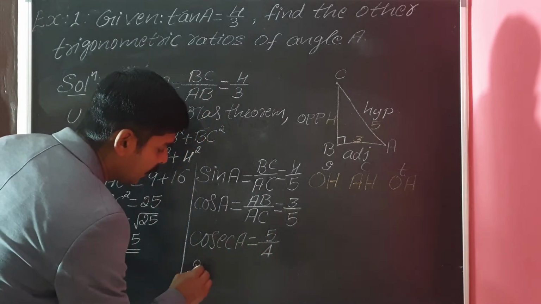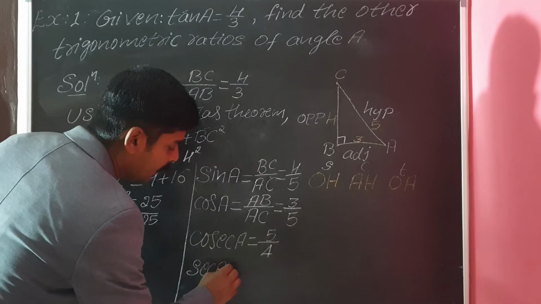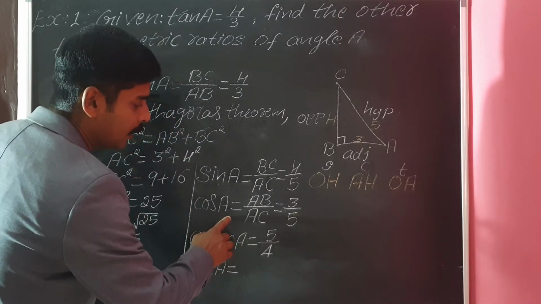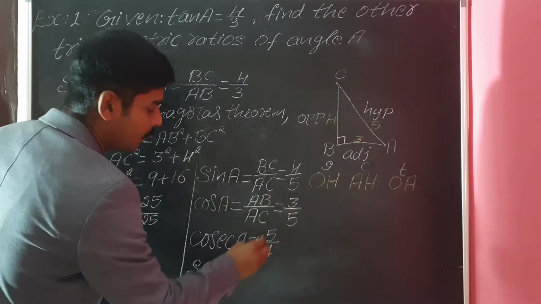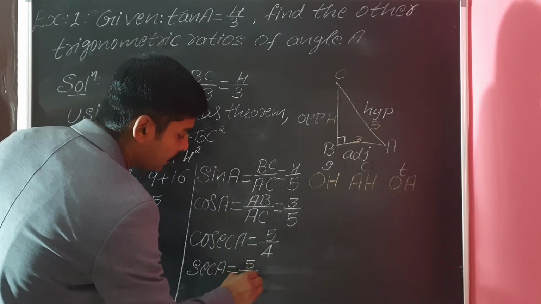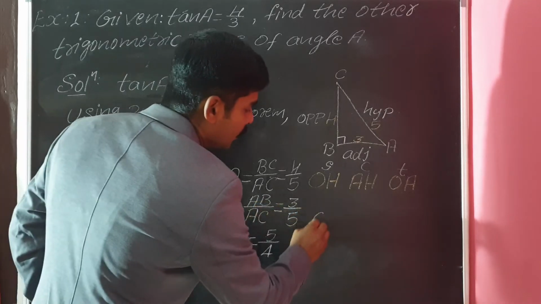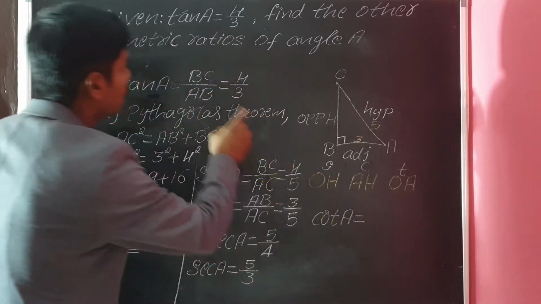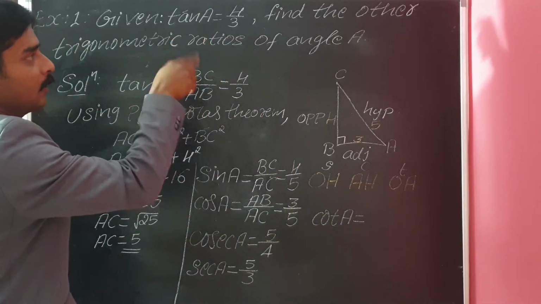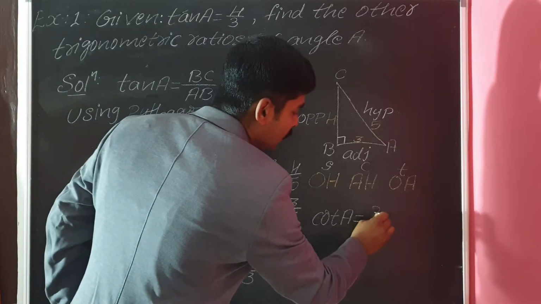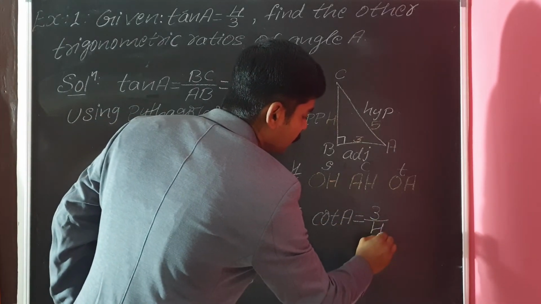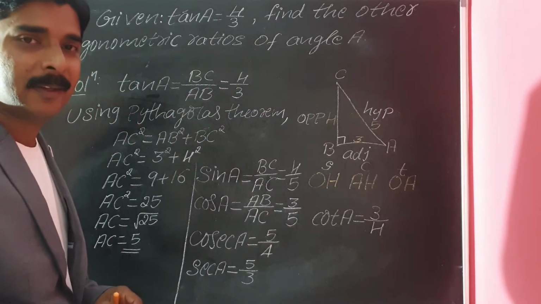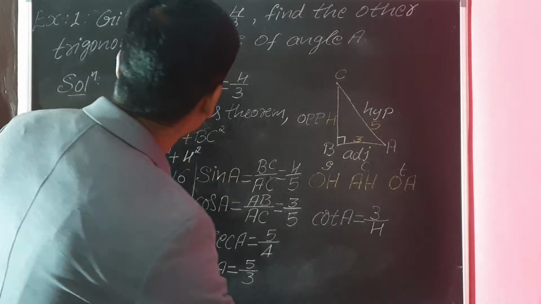In the same way, secant A is the reciprocal of cos, which is 5 by 3. Last one is cot, the reciprocal of tan. Tan is 4 by 3, so the reciprocal is 3 by 4. Is this clear? We'll take one more example.